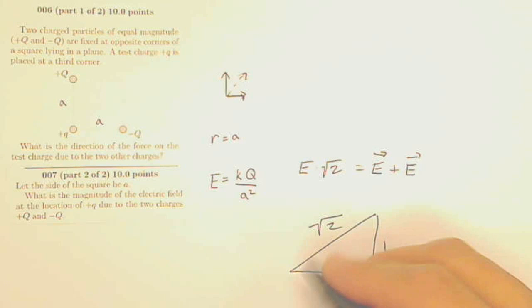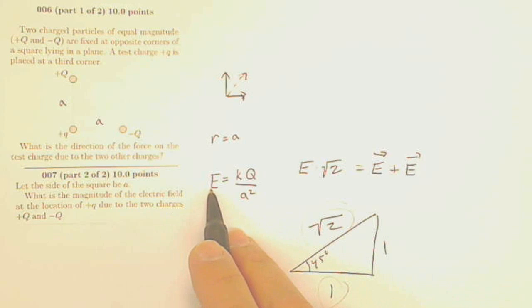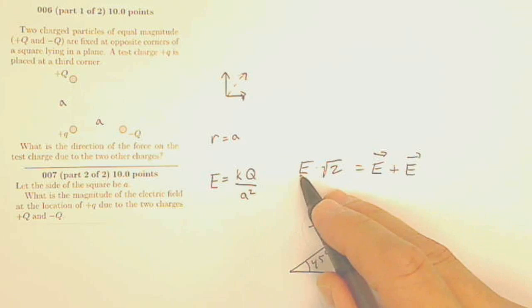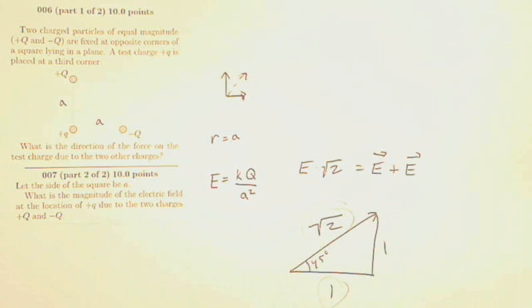This is if I'm at a 45-degree angle. So this is going to be radical 2 times whatever the side is. So this side will be the strength of the E field from one of them. So this resulting vector, whichever direction it points, is going to have sides that are this big. So it's just going to be radical 2 times the E, and the E is that. So you can pick your multiple choice from that selection.